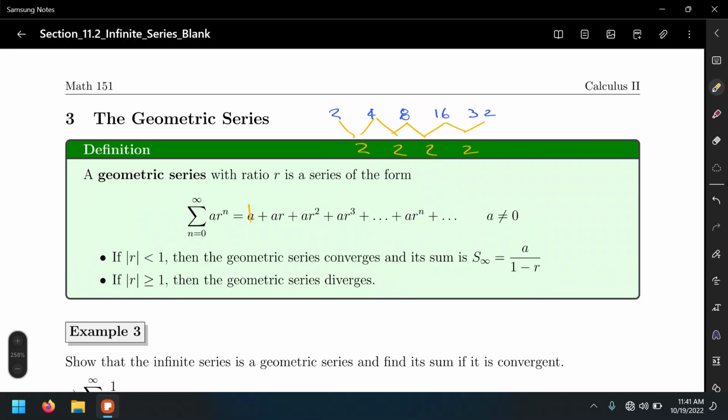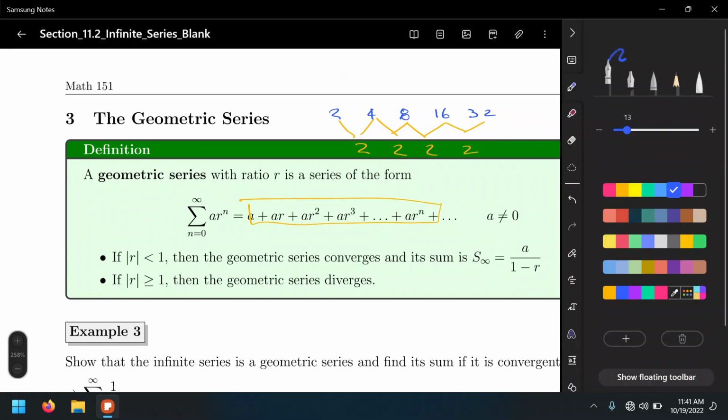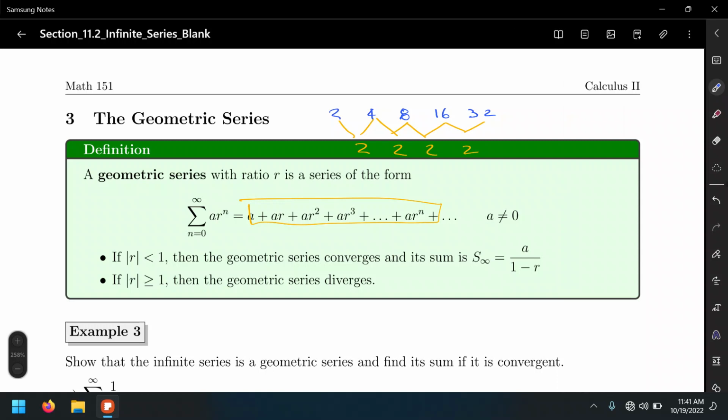This means that we can actually write this sequence of numbers in this format because, for example, this 2 is 2 times 2 to the 0 power.